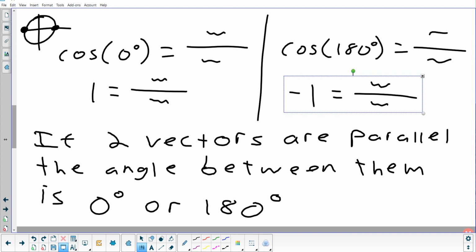Numerator and denominator have to be opposites. Right. Numerator and denominator have to be opposites, which again, unfortunately, to figure out if two things are opposites, you have to know both of them. So you'd have to find the numerator and the denominator. So there really is not a shortcut for figuring out if they're parallel, quite like if they're perpendicular. Right? But at least we understand what we're looking for. A numerator and denominator that are the same or opposites.